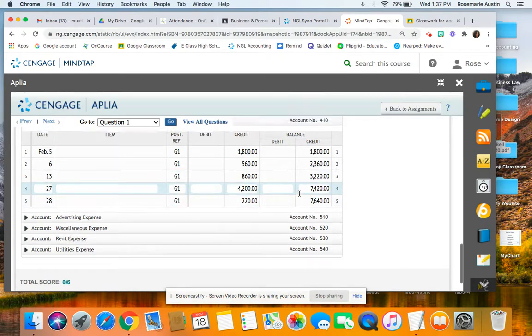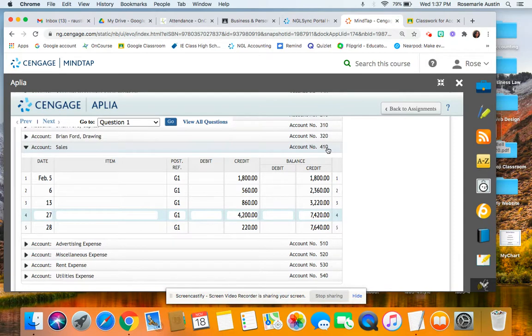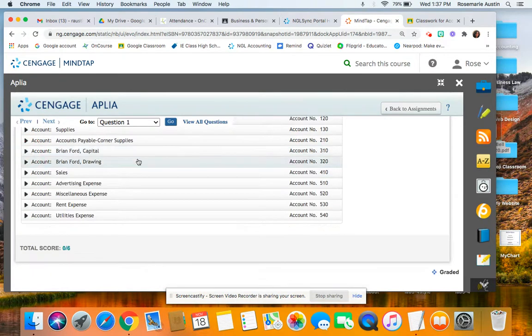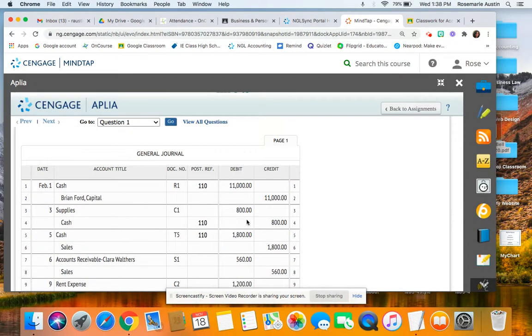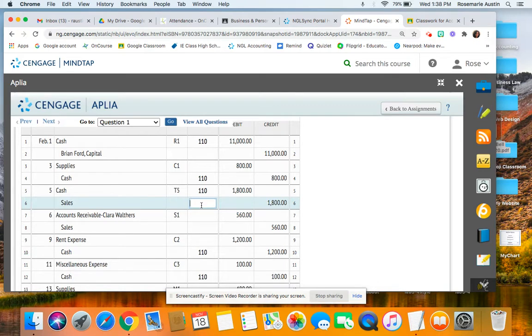So last step, remember you have to take the account number. So in this case, it's 410. You're going to go back up to the journal, and everywhere you saw sales as a transaction, you can put the 410 account number in the post-reference column. So you have 410 there, 410 right here.